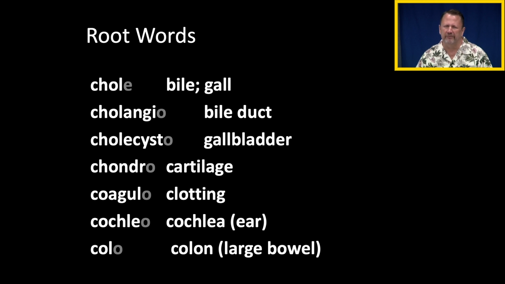The cochlea refers to the ear. Colo, as in colon, as in your large bowel. So if somebody has a colonoscopy, they're getting a scope placed into their colon to look for masses and neoplasms.